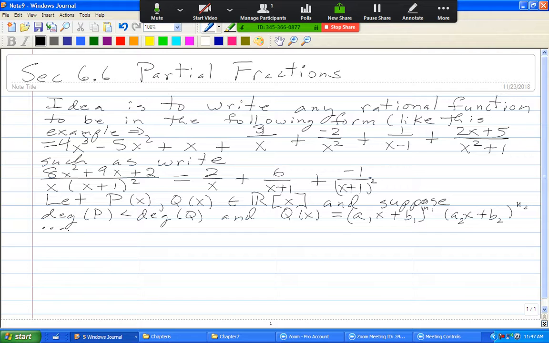So a whole bunch of linear terms to maybe some power, and a whole bunch of quadratic terms. I don't care, A, B, let's call them C's now. I call those N's, so how about M's?